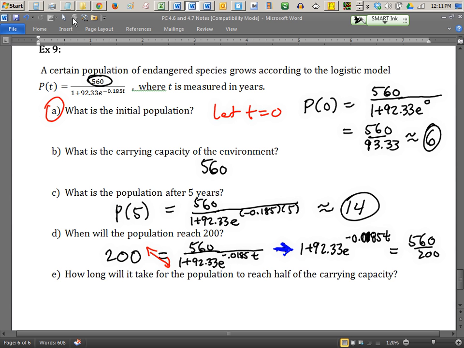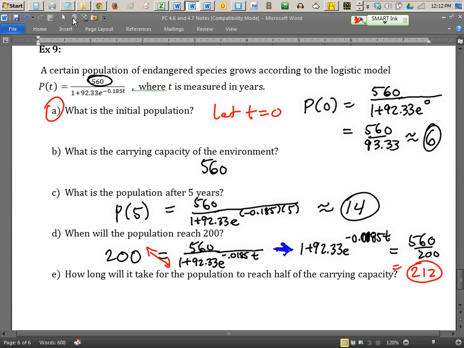You're going to divide by 92.33. Then you're going to ln. Then you're going to divide by the negative 0.0185. And you get 212 years. 212? Is that what you got? Did anyone else get that?